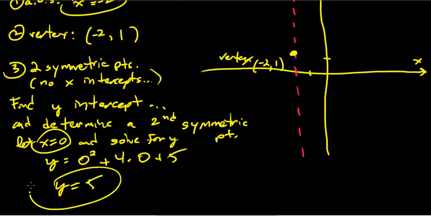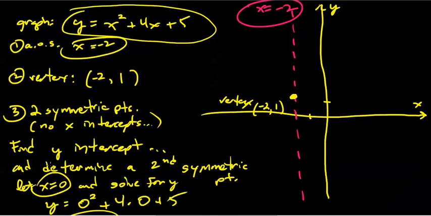So my parabola is going to intersect the y-axis at the coordinate 0, 5. So I can graph that. 1, 2, 3, 4, 5. Right here. When x is 0, y is 5. That's where the parabola is going to hit the y-axis.